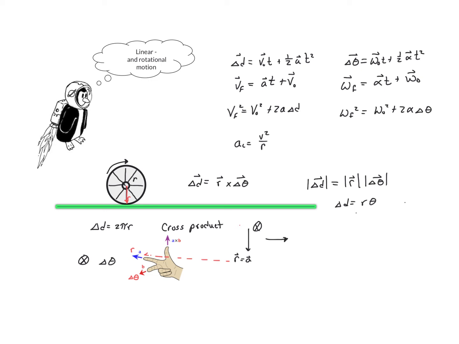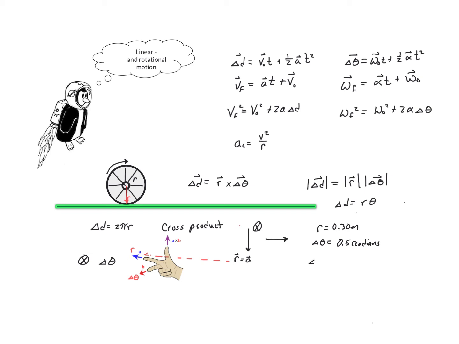For example, if this bicycle wheel has a radius equal to 0.30 meters, 30 centimeters, which is not too crazy, and delta theta happens to be equal to 0.5 radians. It is important to keep this in radians, not degrees, so remember to convert.